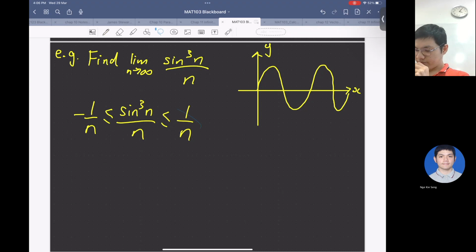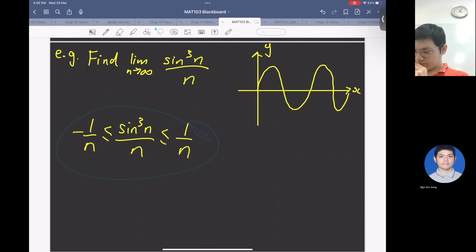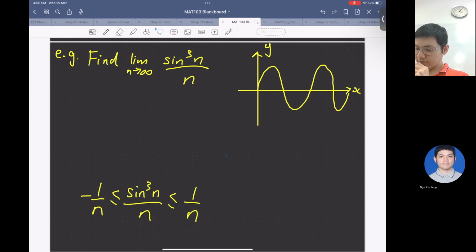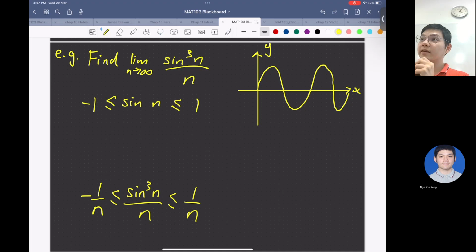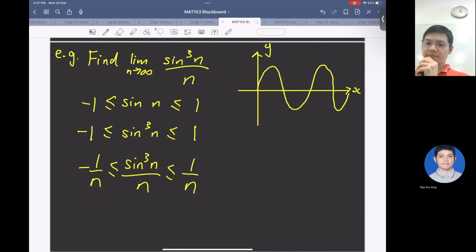Why? Sine n is in between 1 and minus 1. So if you take the cube of it, the numbers still lie between 1 and -1. Then you can divide n on all of them.